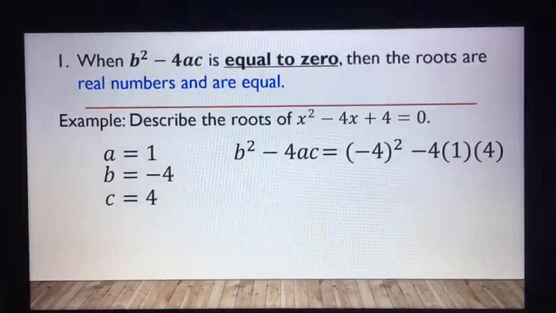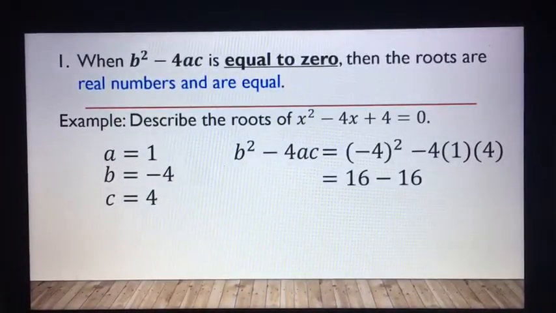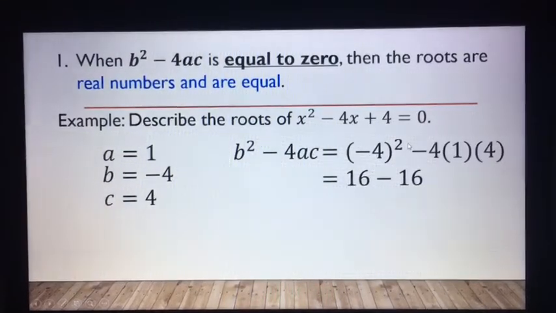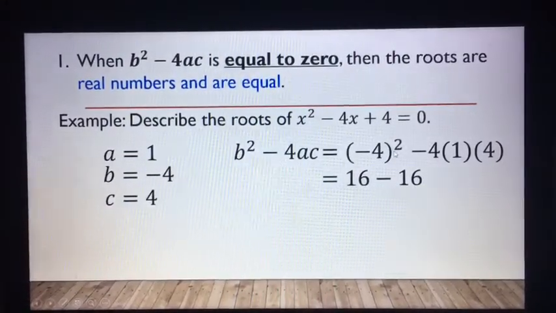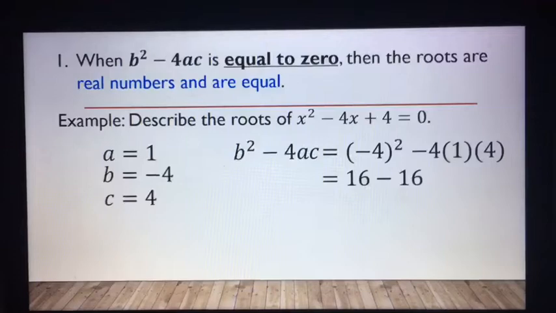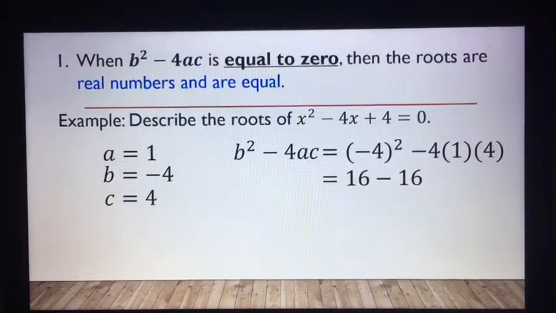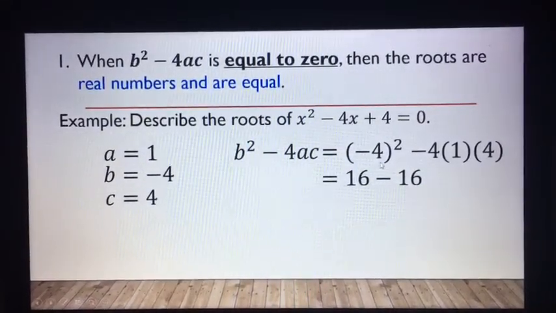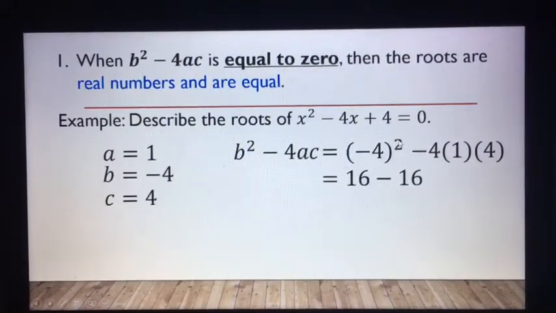Then, let us solve. Negative 4 squared means you have to multiply negative 4 by itself 2 times. Negative 4 times negative 4. It is not negative 4 times 2. Okay? So, negative 4 squared, or negative 4 times negative 4, is equal to 16.